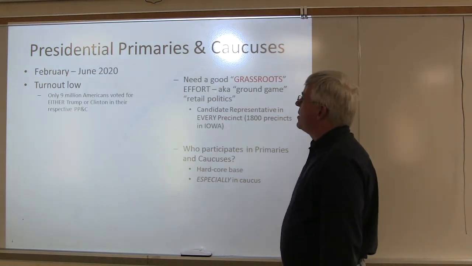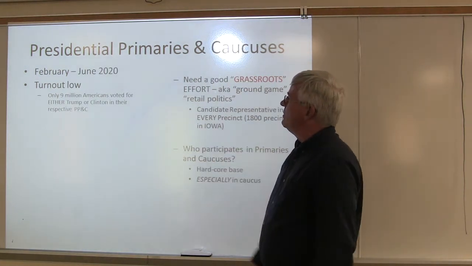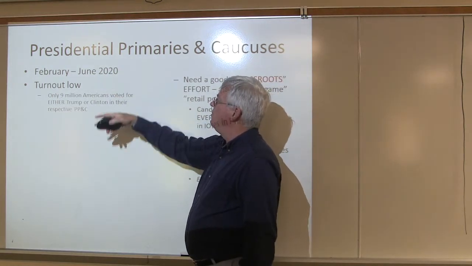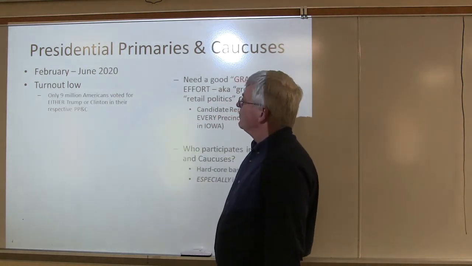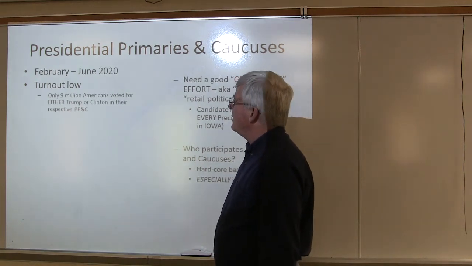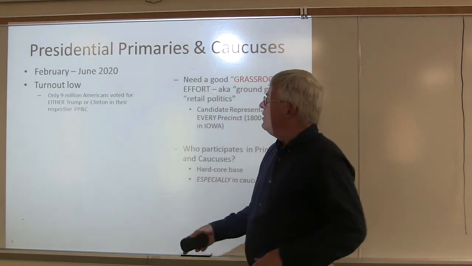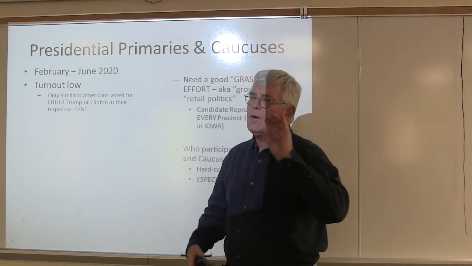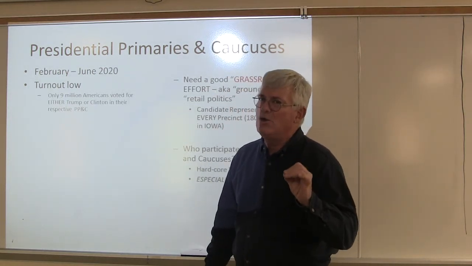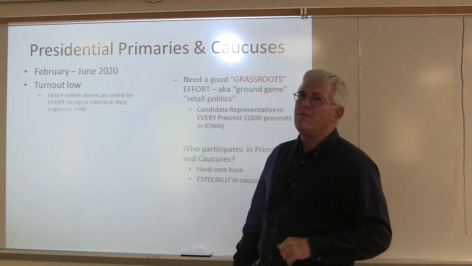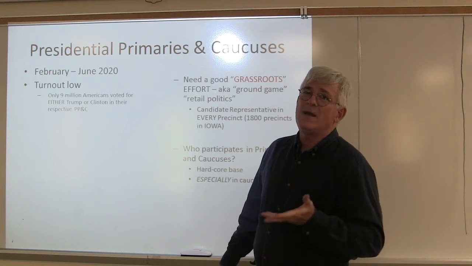This process, presidential primaries and caucuses, went from February through June, roughly, of 2020. Look, turnout in these is low. In 2016, think about it, we had 325 million Americans, probably 250 million of those at least who were voting age.